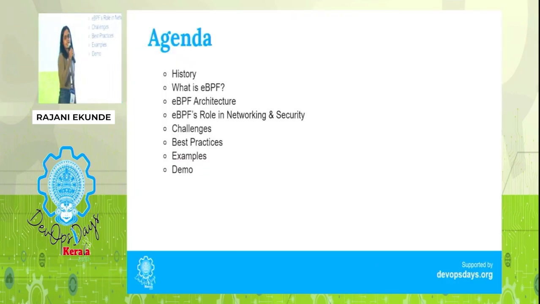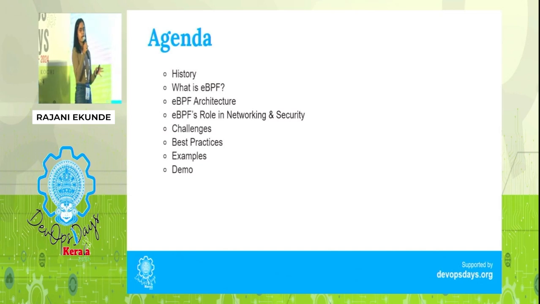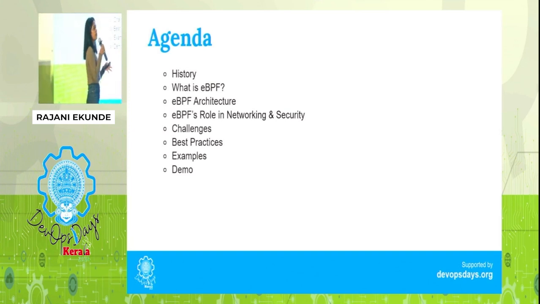So this is going to be the agenda. First, we'll discuss the history: what is the history behind eBPF coming into the picture? Then what exactly eBPF is. Then we'll see the architecture and the various important components in it. Then the role of eBPF in networking and security, considering Kubernetes in the picture.